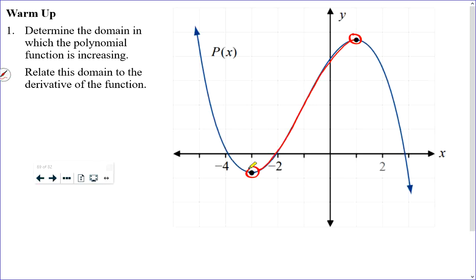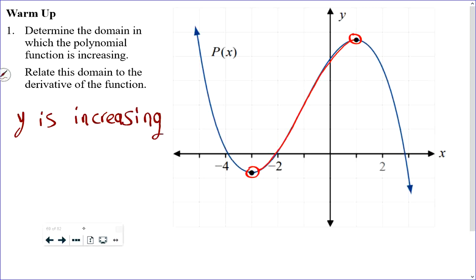So we would say that y is increasing over the interval from -3 to 1, not including -3 and not including 1.